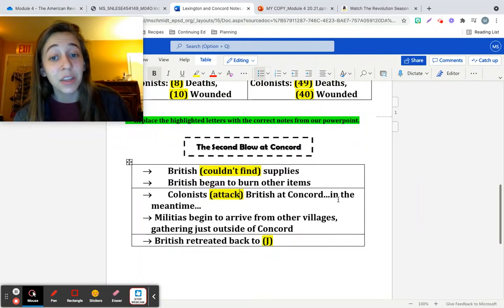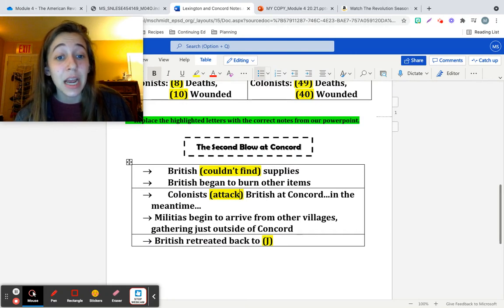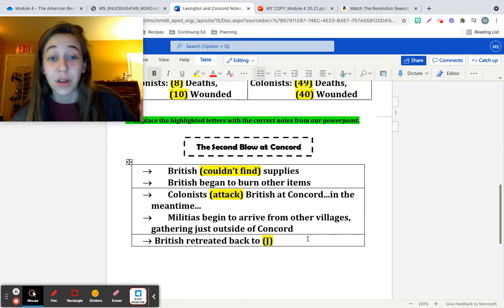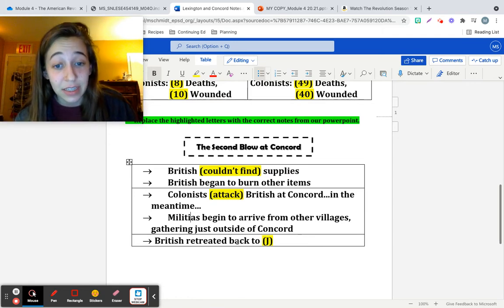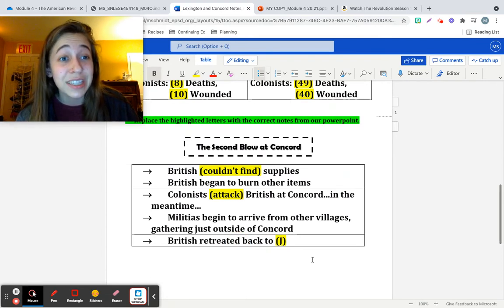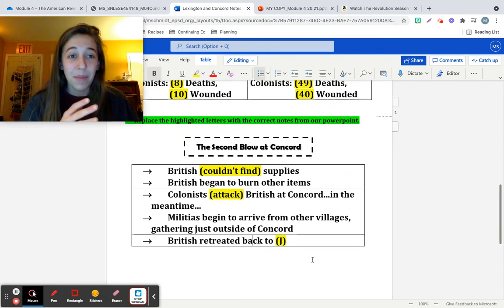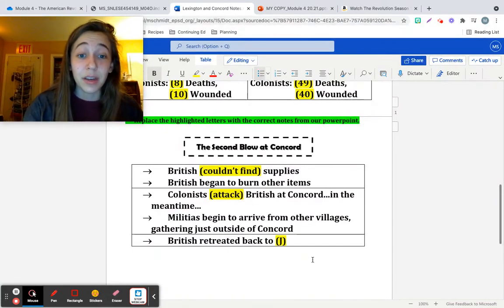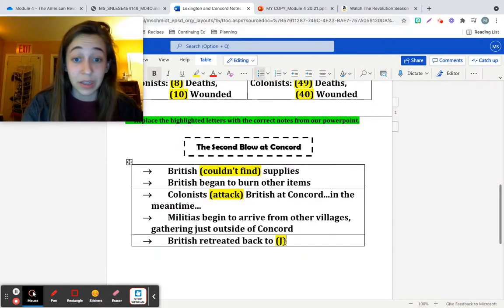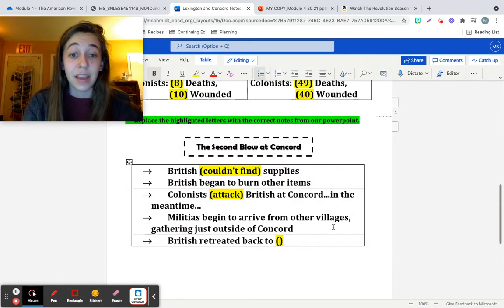In the meantime, militias begin to arrive from other villages, like I was just talking about. So not just the Concord militia, but other ones nearby. And this turns into not just defending and hiding the ammunition; they go from the defense to the offense here. The colonists push out the British soldiers. This turns into a real battle, and they are forced to retreat back to Boston.